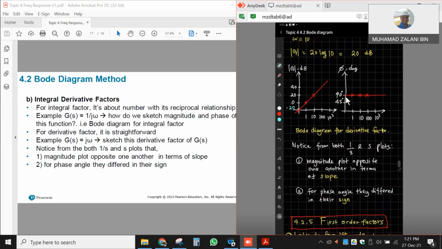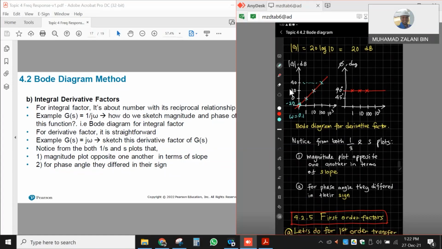Okay. So the first point is at 0.1 frequency. Omega equals 0.1. And then omega equals 1, it is 0. And omega equals 100, somewhere around there, it is 40. It is 40.